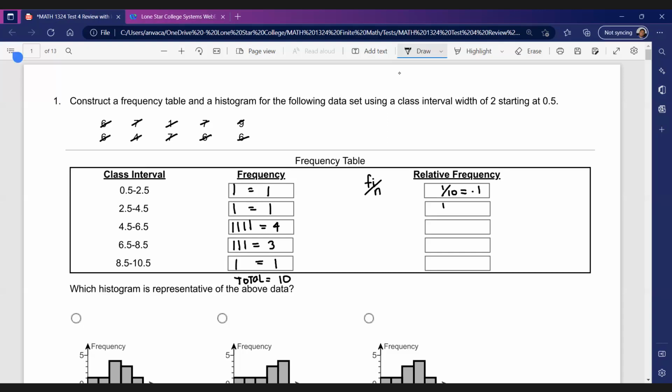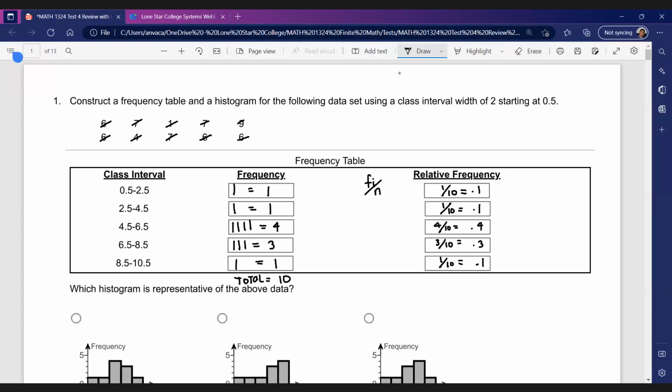Same idea here, there's only 1 score out of the 10, so its relative frequency will be 0.1. We have 4 out of 10, 0.4, 3 out of 10, which is 0.3, and then 1 out of 10, which is 0.1.